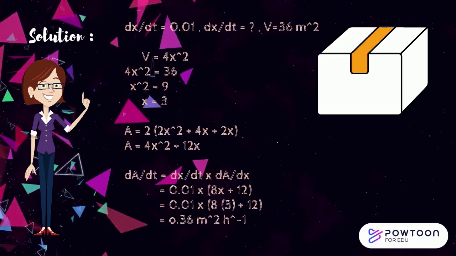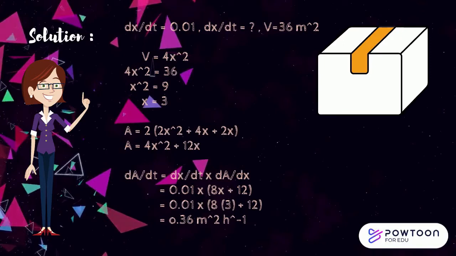So, V is equal to 4x squared. Just now we pointed out that V is equal to 36, so 4x squared equals 36. Then we make x the subject and we get x is equal to 3.